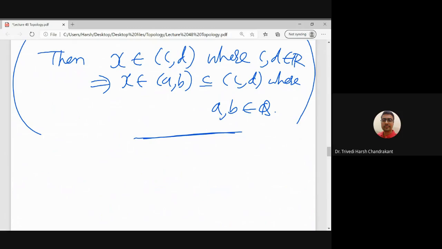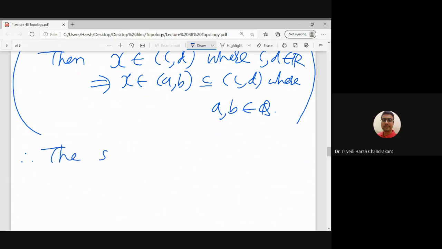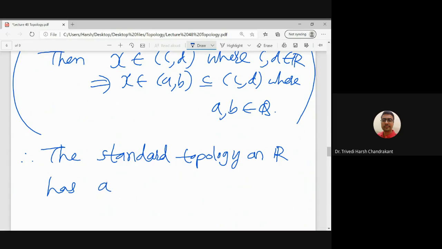Again, here also we will be using the rational density theorem. So what we proved finally is that the standard topology on R has a countable basis.